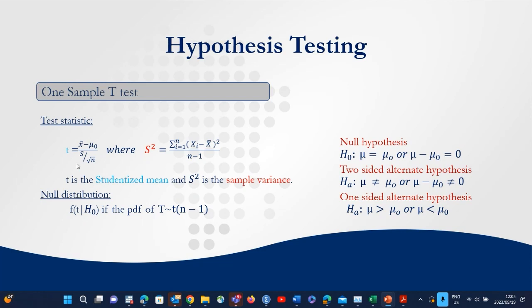Once you've computed the T, you can take that value and also take the degrees of freedom. The degrees of freedom is about the number of pieces of information that are allowed to vary. There will always be degrees of freedom.